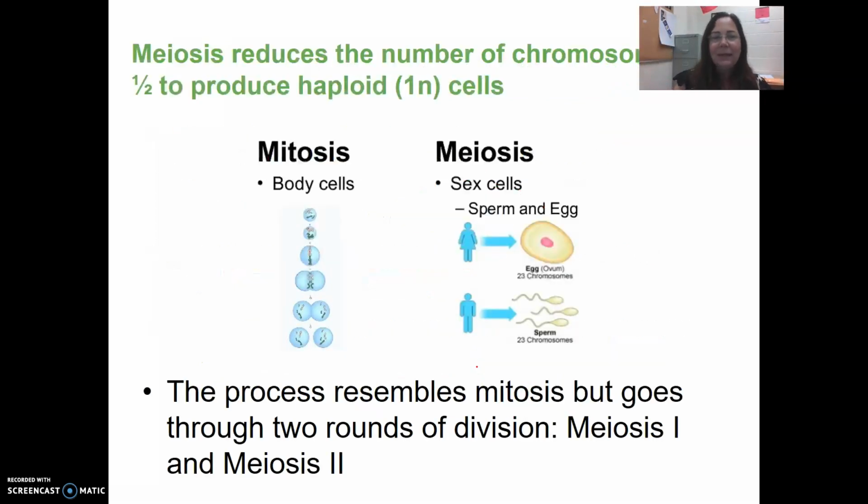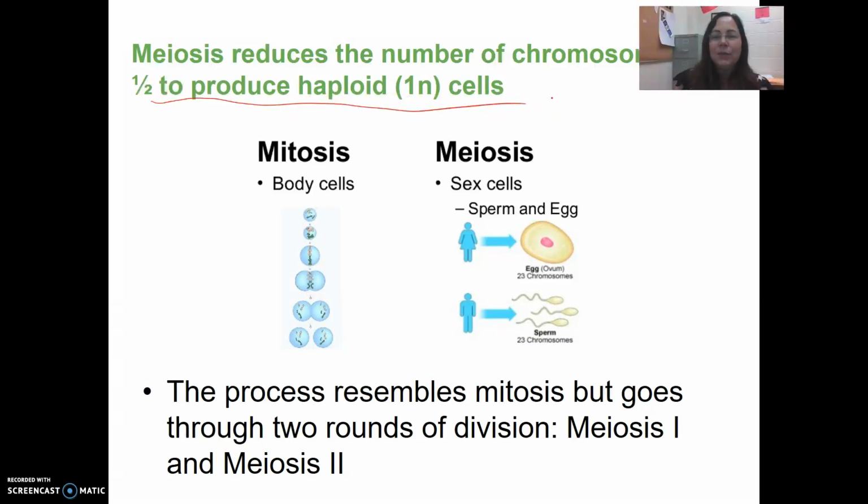So what's happening in meiosis is that sperm and egg, or gametes or spores, are produced, but we're going to focus more on humans, so we're going to assume that it's sperm and egg that are being produced. In meiosis, instead of producing two diploid daughter cells, there are going to be 4 haploid daughter cells. So meiosis reduces the number of chromosomes to half to produce haploid cells.